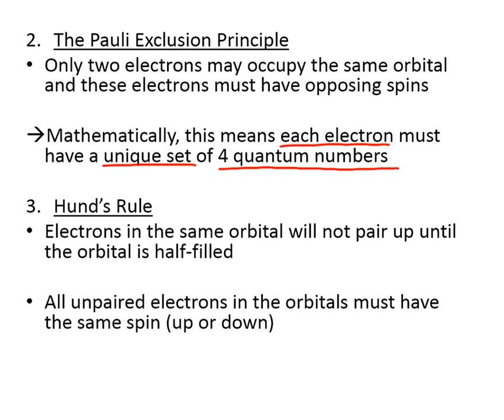Hund's rule says electrons in the same orbital will not pair up until the orbital is half filled. So this part of the rule is kind of like what you might have done when taking public transit, or maybe even now more pronounced with the ideas of social distancing. So electrons don't want to buddy up and get close to one another unless they absolutely have to.